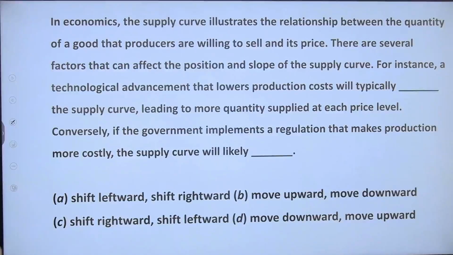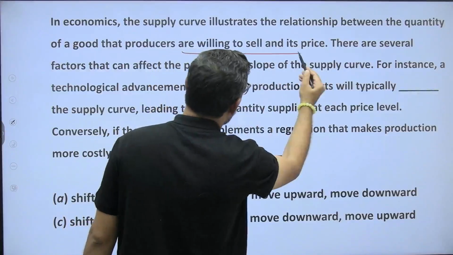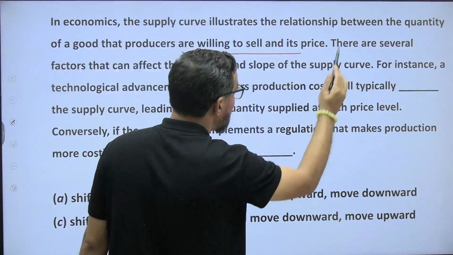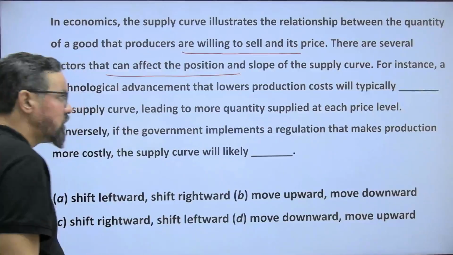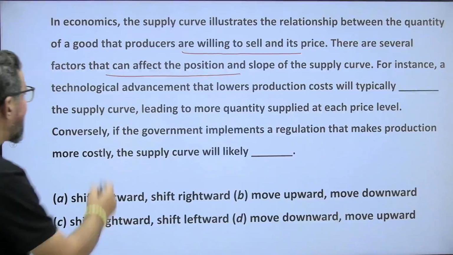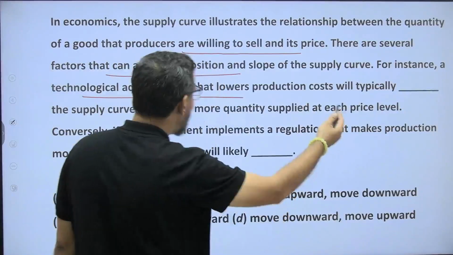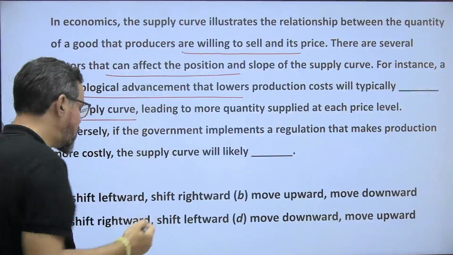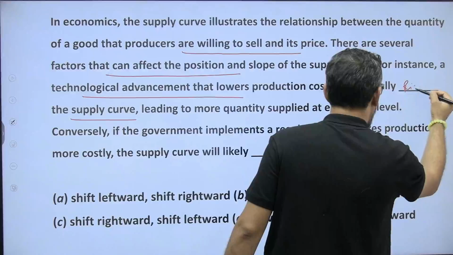In economics, the supply curve illustrates the relationship between the quantity of goods that producers are willing to sell and its price. There are several factors that can affect the position and slope of the supply curve. For instance, a technological advancement that lowers production cost will typically shift the supply curve. What will happen in this case? It will move rightward, right?